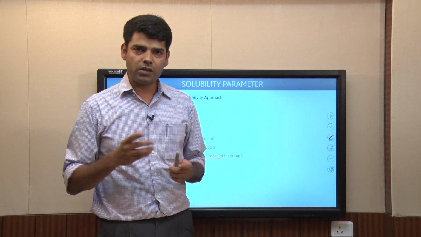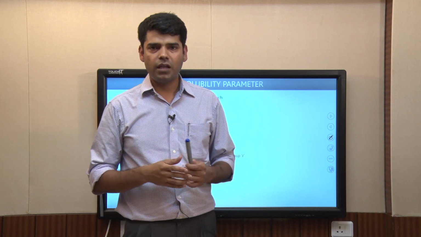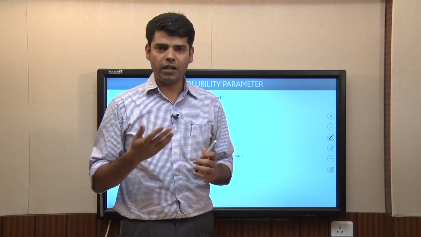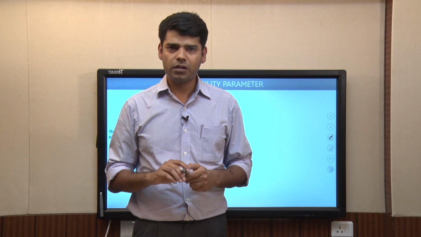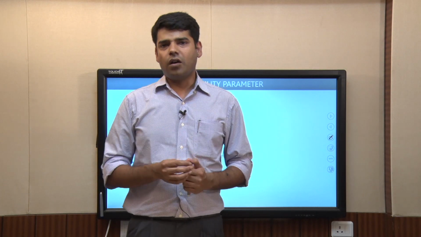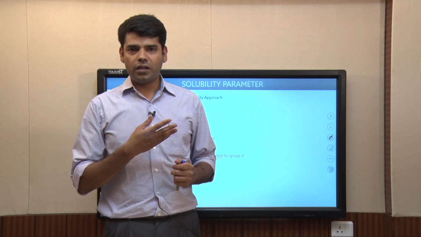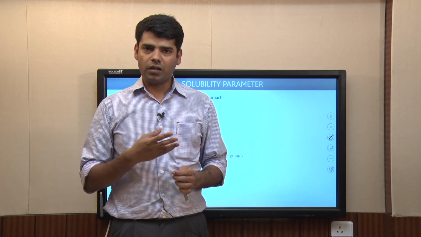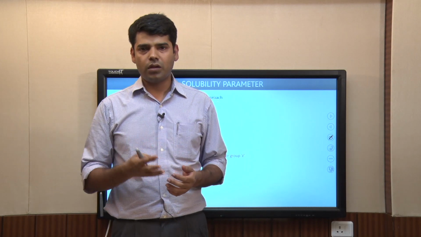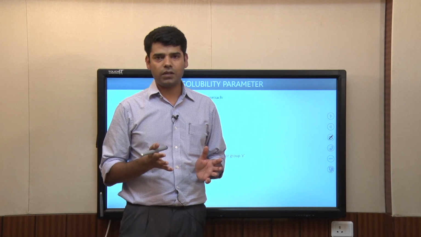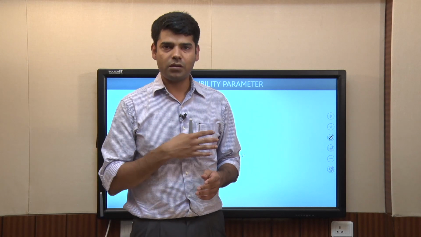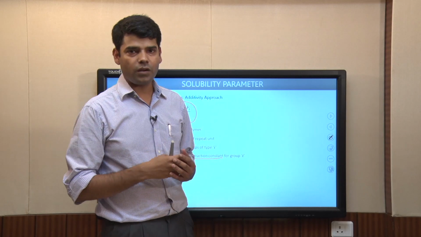That is the philosophy behind this approach, and for polymers, determining delta using additivity gives reasonably good results. Further refinements have been done by others, especially Van Krevelen, so more refined and sophisticated approaches are also available.